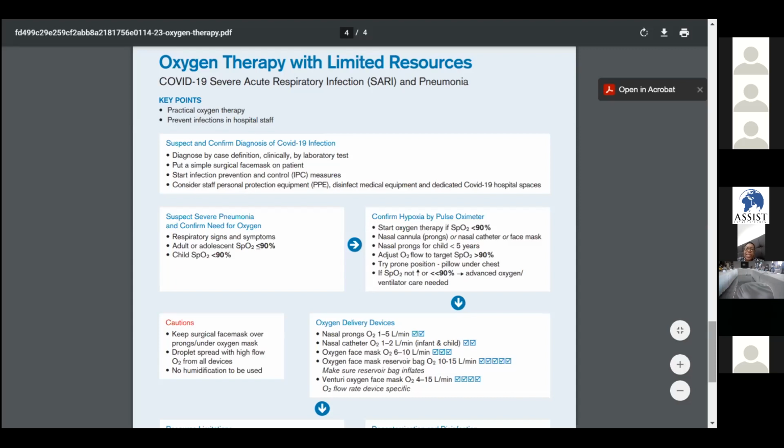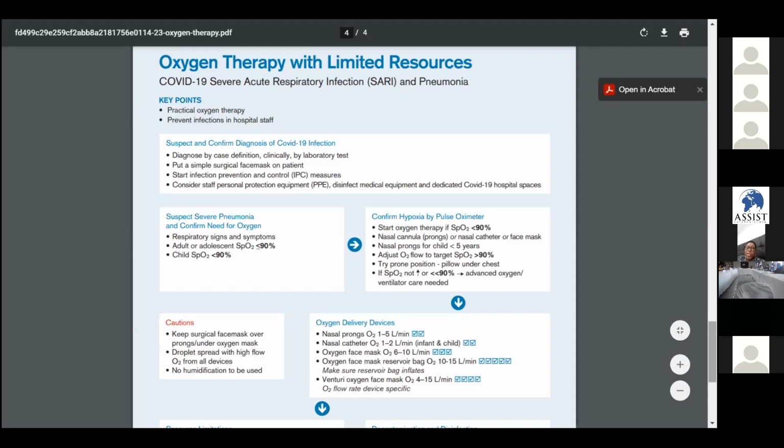So the oxygen escalation ladder starts with the simple nasal prongs. These are sometimes called nasal cannulae, or nasal catheters. The way these devices are chosen will depend, first of all, on the clinical condition of the patient, once you check their pulse and determine the saturations via pulse oximetry.